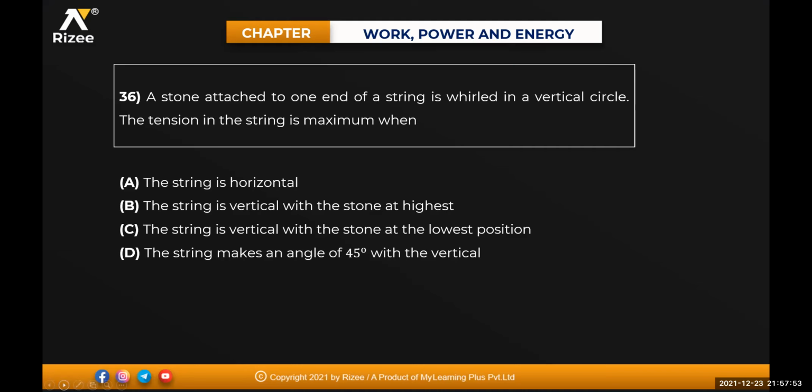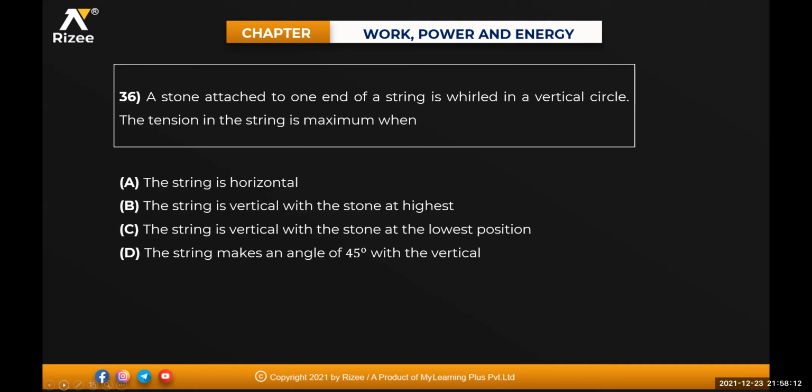Next one. A stone is attached to one end of a string and is whirled in a vertical circle. The tension in the string is maximum when the string is horizontal, when the string is vertical with the stone at the highest position, when the string is vertical with the stone at the lowest position, or when the string makes an angle of 45 degrees with the vertical. Everyone should give the answer.